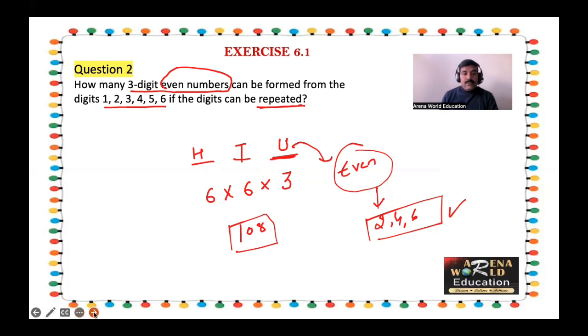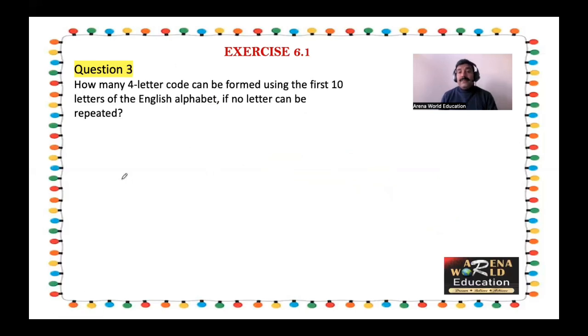So let us move to question number 3. So here, how many 4-letter code can be formed using the first 10 letters of the English alphabet if no letter can be repeated? Right? So again, we want to make 4-letter code.